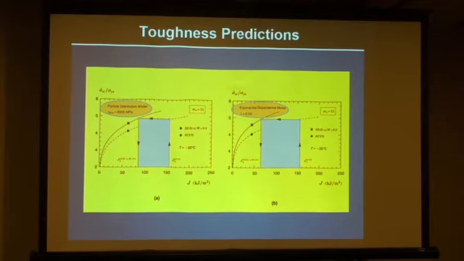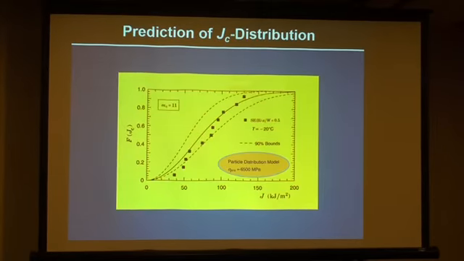So the prediction using the two models is for the particle distribution, for a fixed value of m0 and the calibrated parameter. So it's 6,500 megapascal here, from this 0.3. You can see here the difference. And this is the distribution of the JC. Then afterwards we convert this to KJC and then calculate the T0.